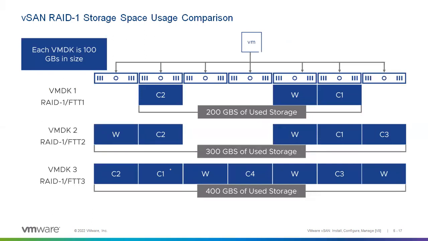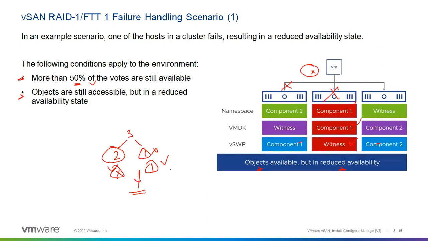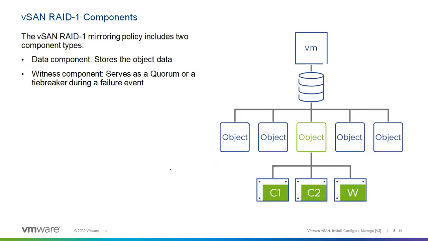Now it's trying to tell you how my data consumption happens across these policies. If I configure RAID 1 FTT1, how much storage do you assume it will consume? Double, sir.